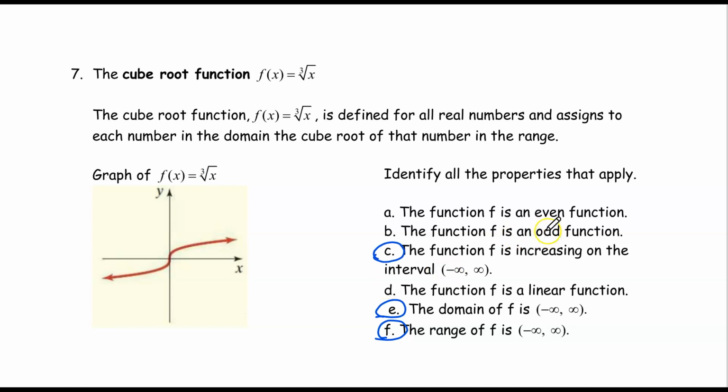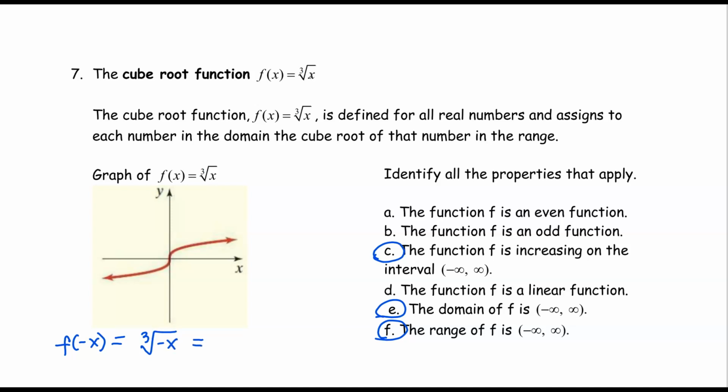Next, let's identify, is this function odd or even? You can check that by evaluating f at negative x. So if you evaluate f at negative x, you replace the x here by negative x. So you have cube root of negative x.